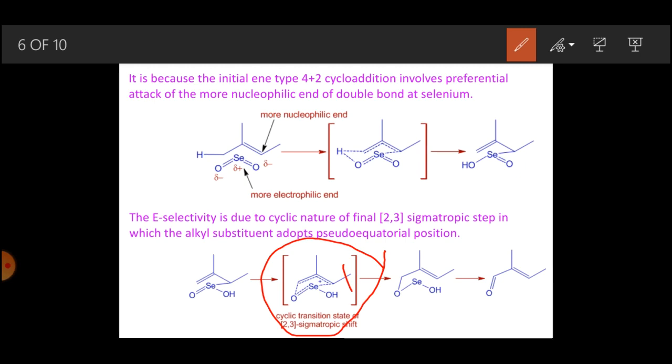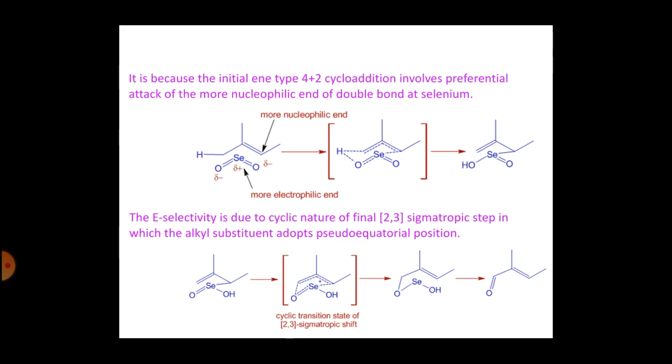Once it acquires the equatorial position, you can see here, it will give the trans isomer. And this is why it gives the trans or E isomer. So this is all about the regioselectivity and stereoselectivity.